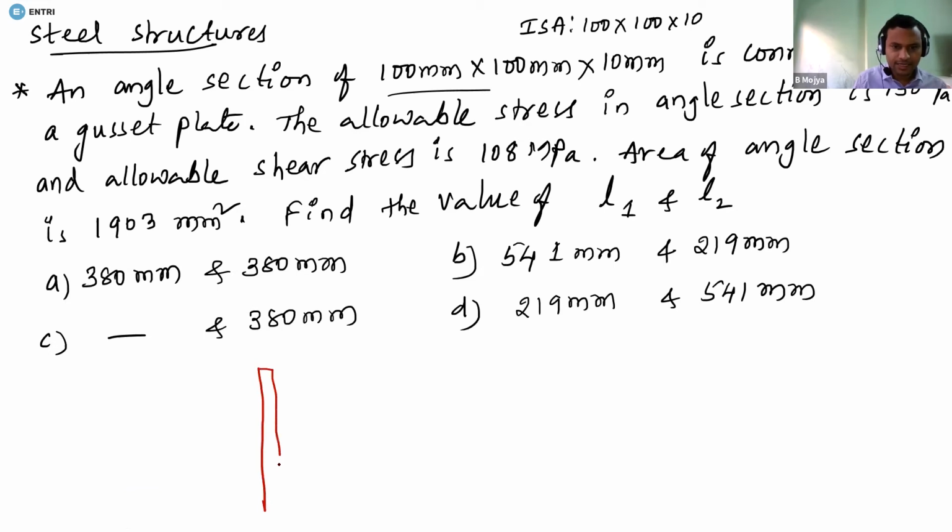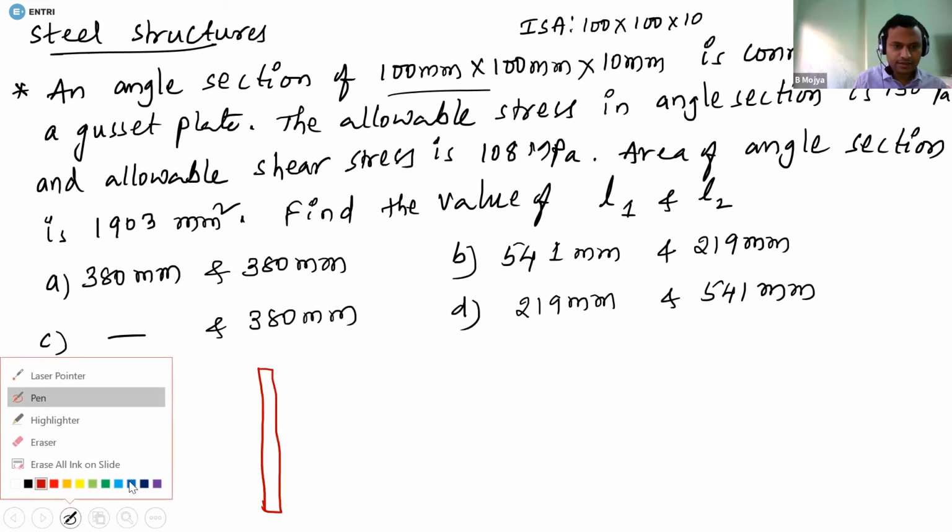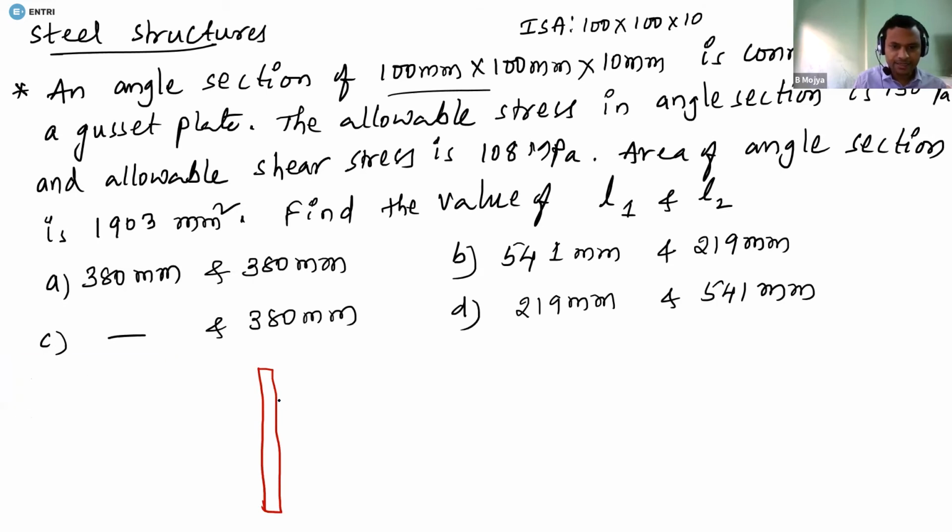This is the gusset plate, and the angle is placed here. This is how the angle is placed, and if you see the plan also, you can see how the angle is placed.